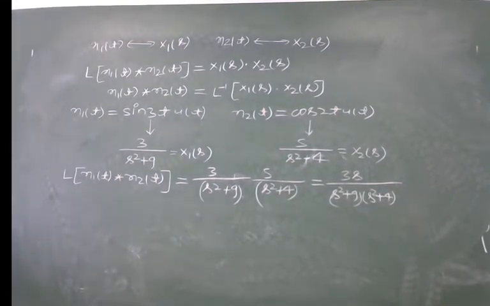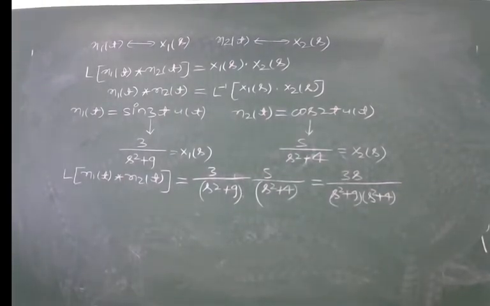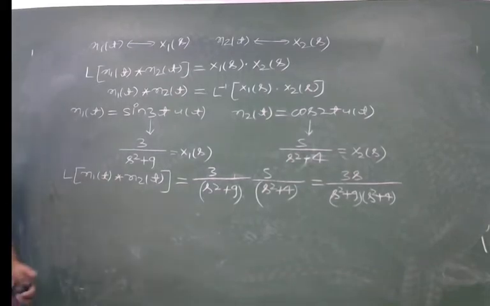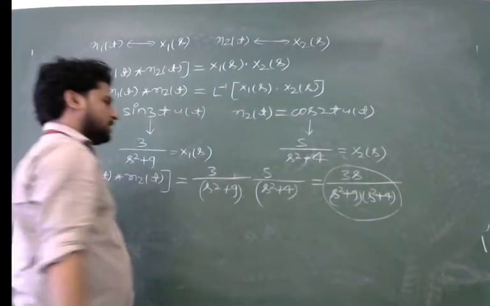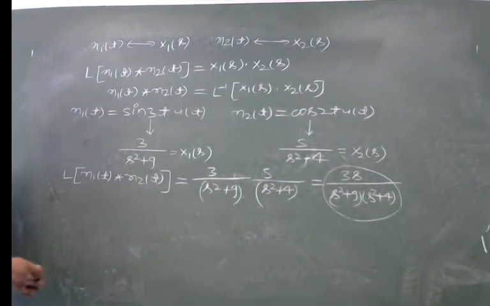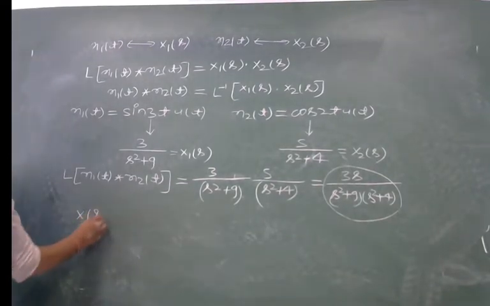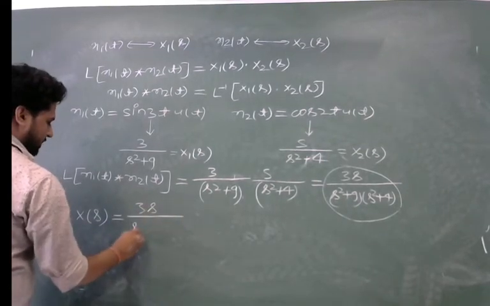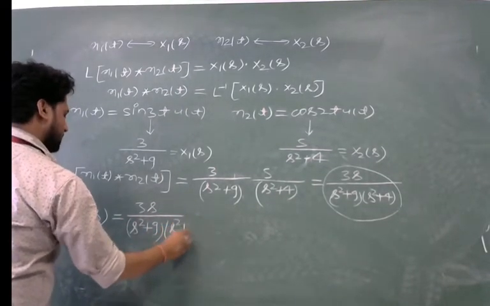But this is the Laplace transform of the convolution, and what we need is the convolution of x1t and x2t. For that purpose, we have to take the inverse Laplace transform of this term. And to get the inverse Laplace transform, first we have to convert this term. Suppose this is x of s, which is equal to 3s upon s square plus 9 into s square plus 4.